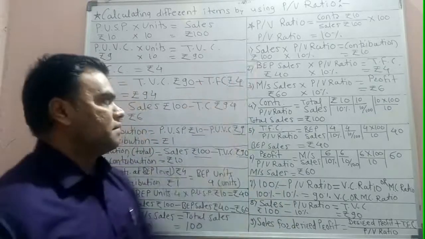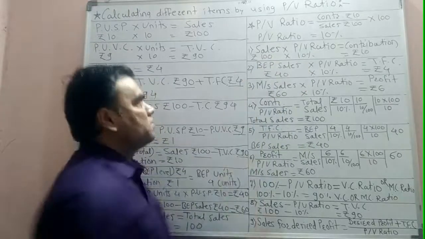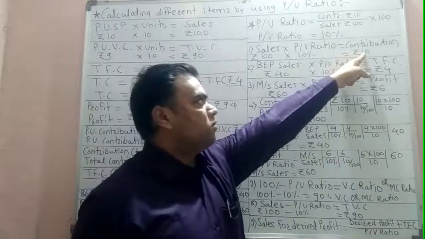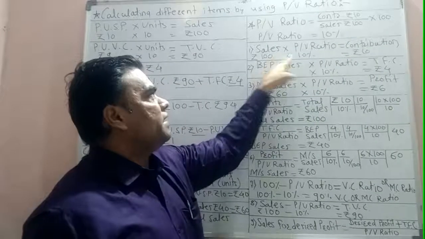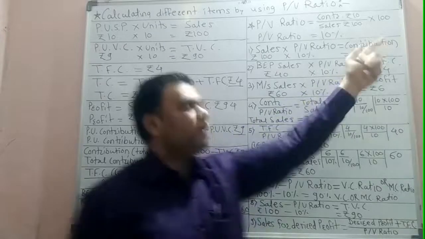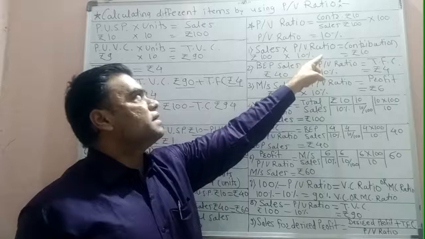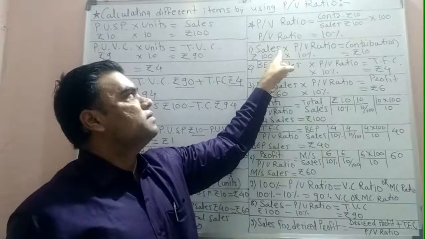How? You can see here. If you have sales and PV ratio, then you can calculate the amount of contribution. Sales 100 into PV ratio is equal to rupees 10 contribution. Why? Because PV ratio tells us that contribution is 10% of sales.